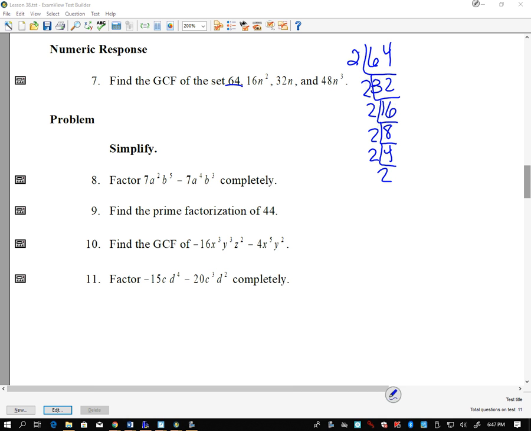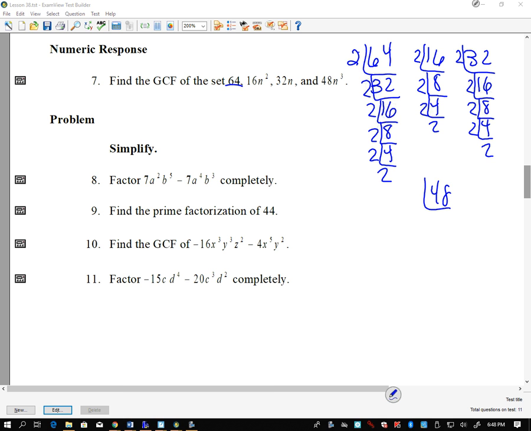Okay? 16: 2 and 8, 2 and 4, 2 and 2. 32: 2 and 16, 2 and 8, 2 and 4, 2 and 2. 48. That's 2 and 24. This is a little different. 2 and 12, 2 and 6, 2 and 3.